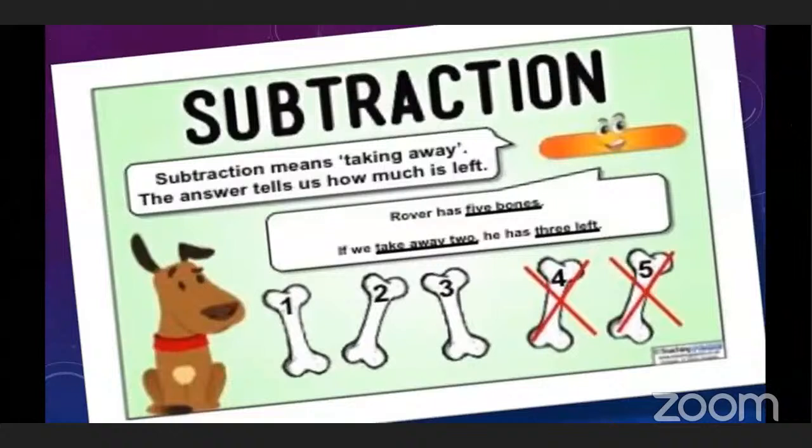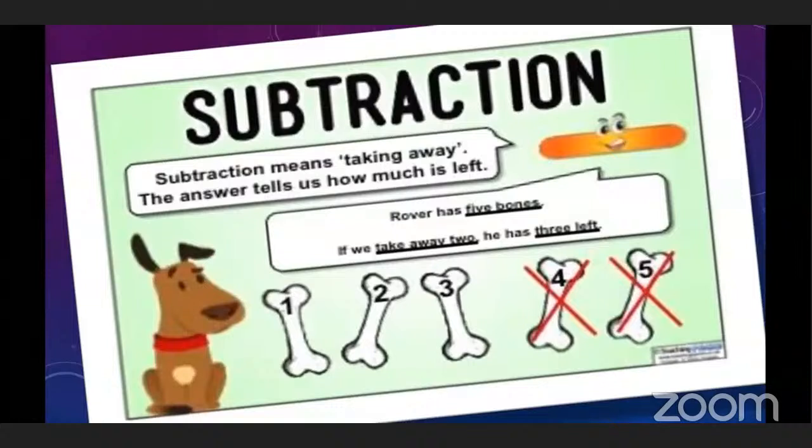You can see one dog and his name is Rover. Rover has 5 bones. You can see 1, 2, 3, 4, 5. There are 5 bones. If we take away 2, he has 3 left.